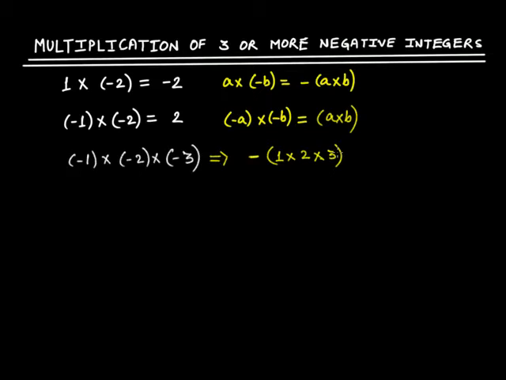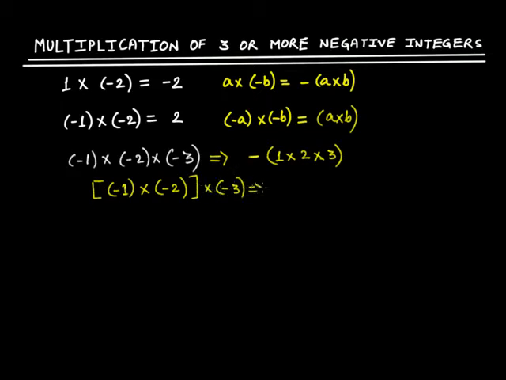And you can check it like this. You have -1 times -2 times -3, and you can first combine these two, that is -1 times -2, in a big bracket, and then you have -3.